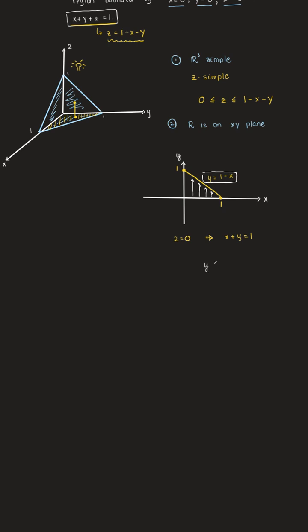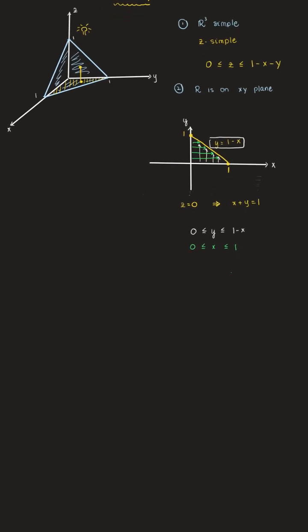Y is always going to be between two functions, 0 and 1 minus x. And once I've set that, then I'm going to integrate with respect to x, where x will be between two constants. And here you can see as I go through our region in green that x will be between 0 and 1.